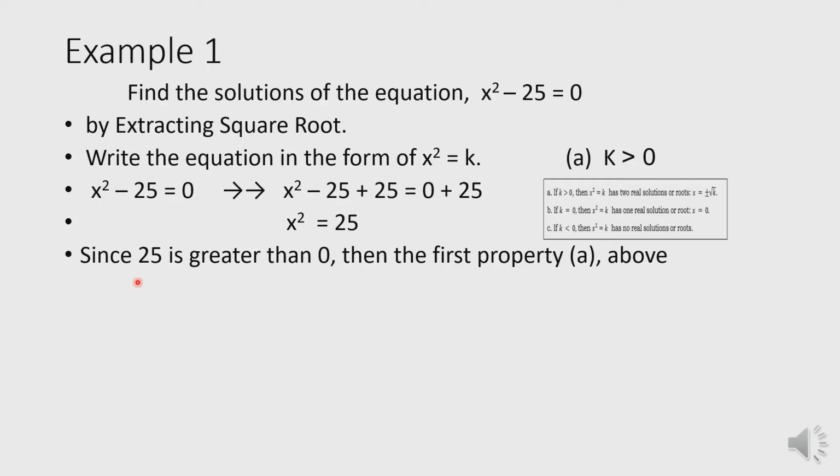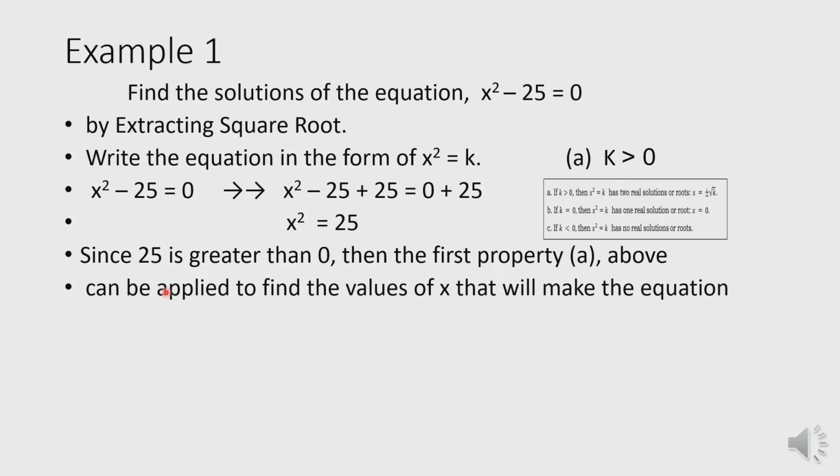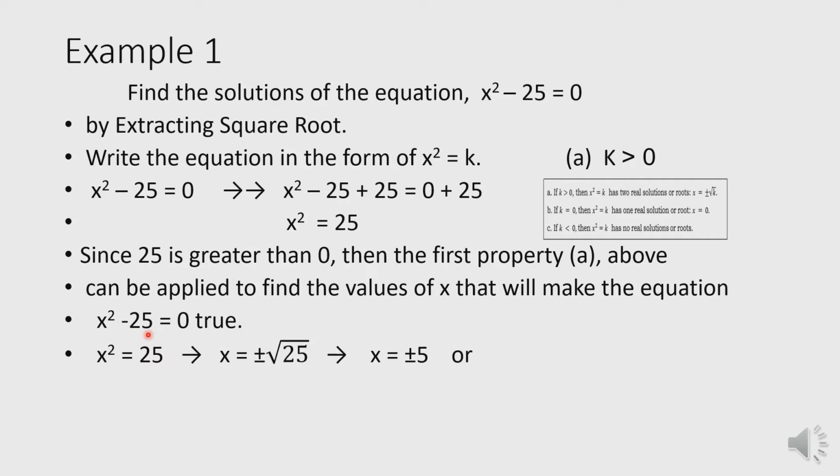So that becomes x squared minus 25 equals 0. When applied by property A, that becomes x is equal to plus and minus square root of 25.